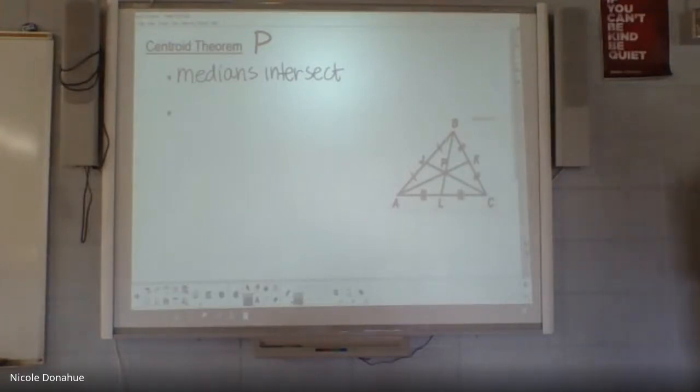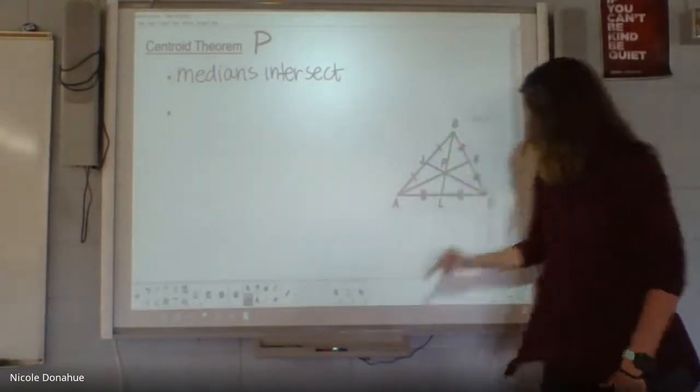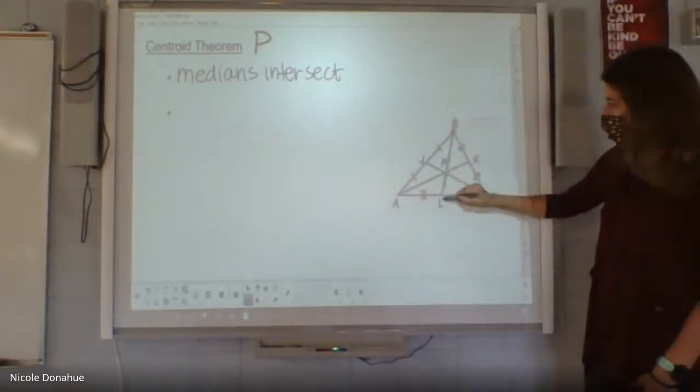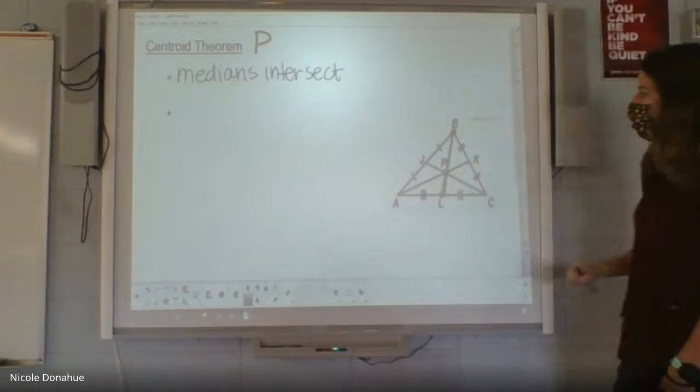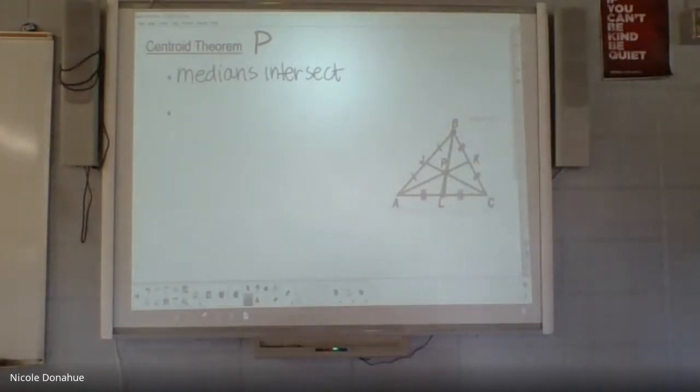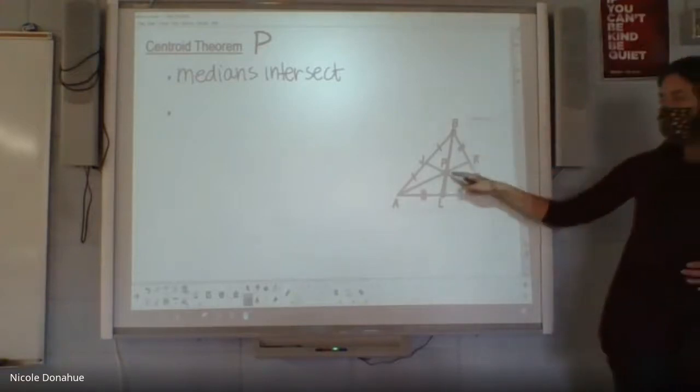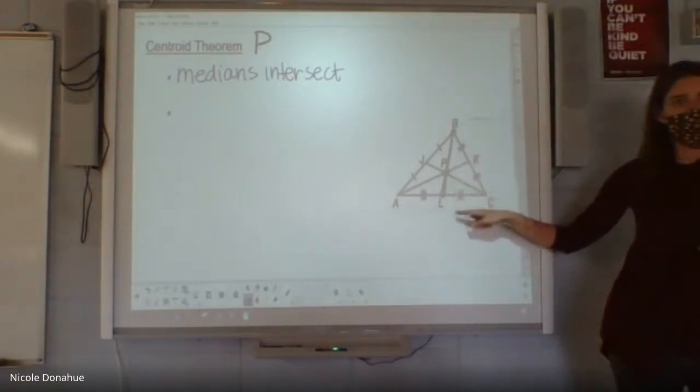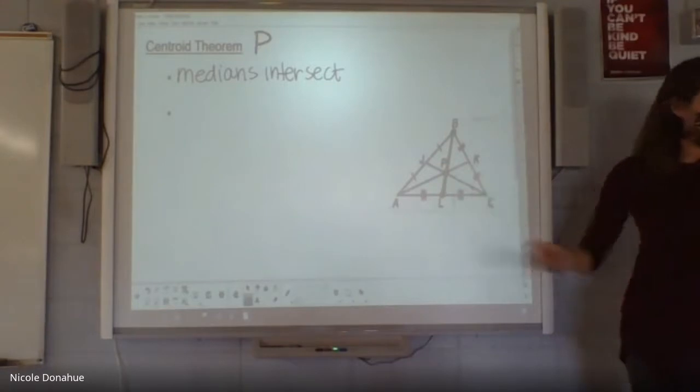Now this is kind of crazy, and somebody figured this out, and this always works this way with the median. I'll use just one of the lines as an example. This line BL. Every time we find the centroid, that point P is 2/3 of the way down the line, and the rest is 1/3.